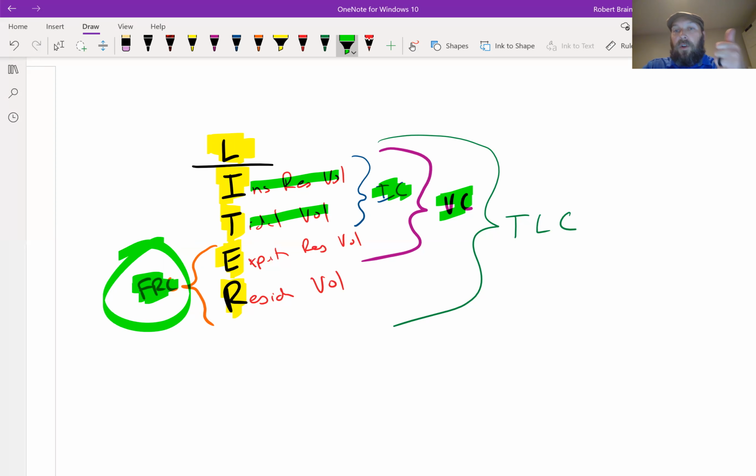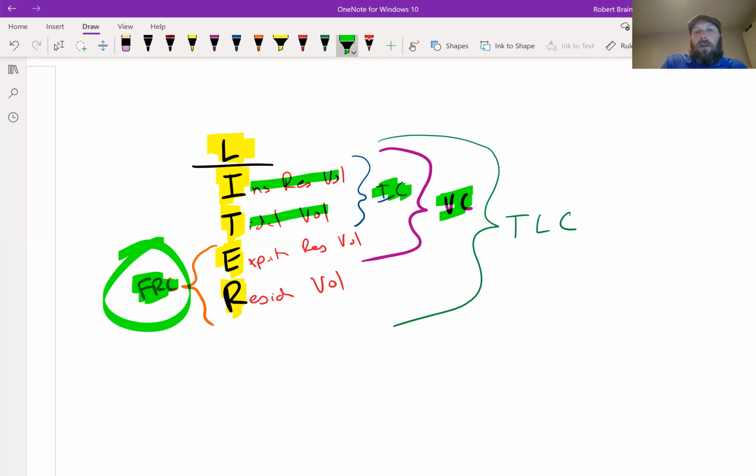We've got surface tension and the natural elasticity of the lung. And then we have an outward chest recoil, which has to do with the shape and the muscles and the bones that make up the chest wall, and the intercostal muscles as well. So FRC is where we breathe from. That's where you've got the inward lung recoil and the outward chest wall recoil that are perfectly balanced right there.